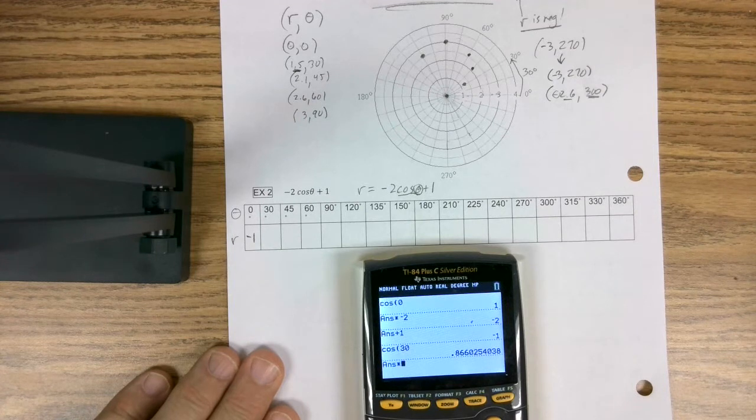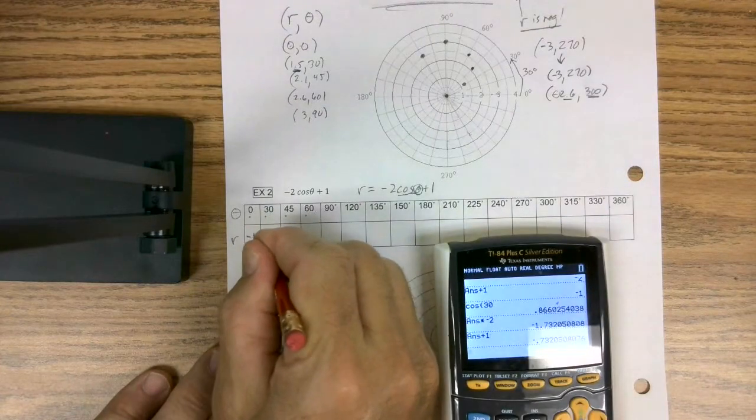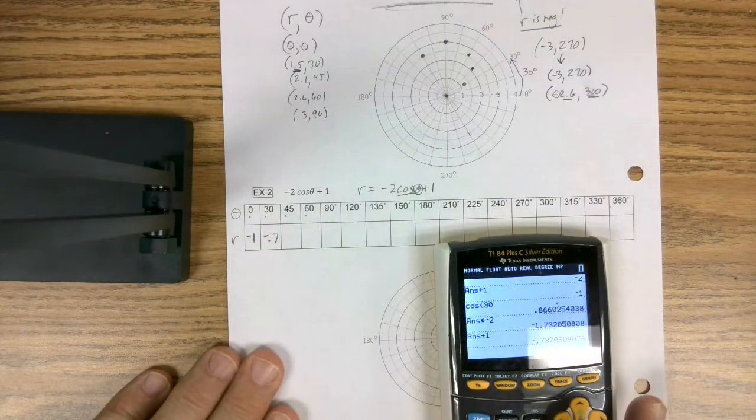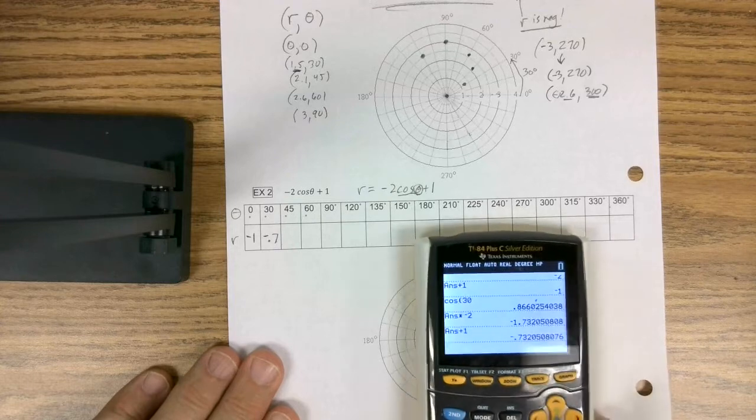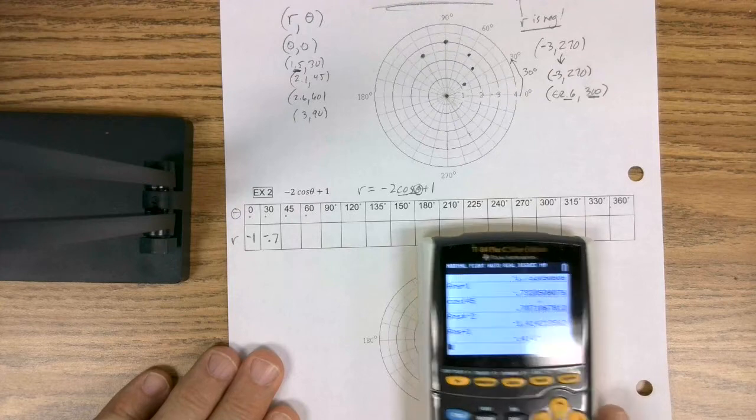Then I got to multiply that by negative 2. And then I got to add 1, negative 0.7. So that's negative 0.7. And let's just do one more of those. So I'm going to go cosine of 45 times negative 2, and then plus 1, negative 0.4.